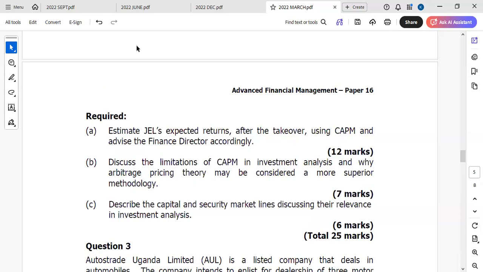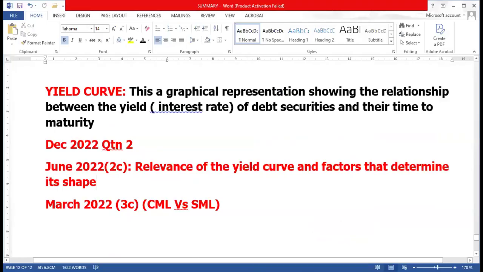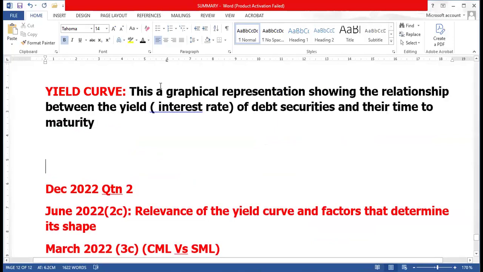Now that you know the definition of the yield curve, we want to know the factors that can determine the shape of the yield curve, because this is a graphical representation.